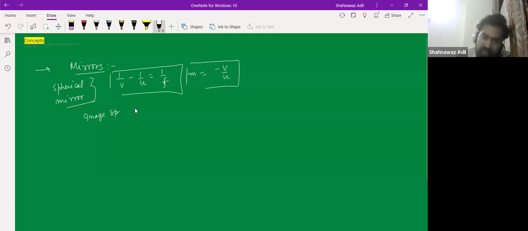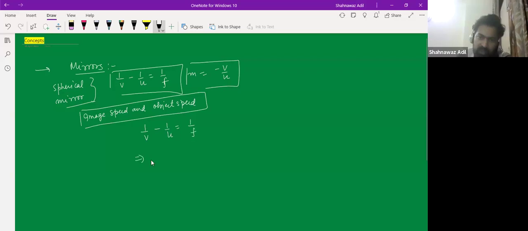image speed and object speed. So we have this relation. We know that in mirrors we have 1 by v plus 1 by u equals 1 by f. If we differentiate this with time, what will we get?